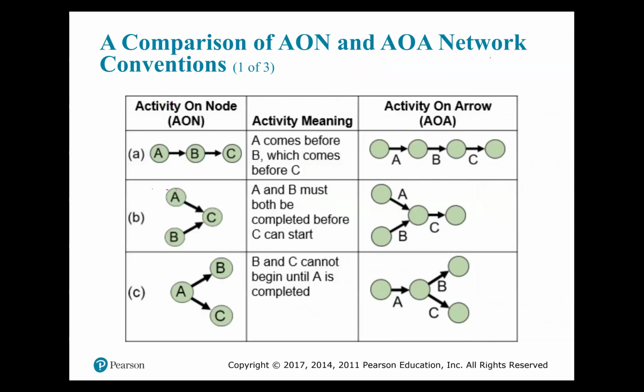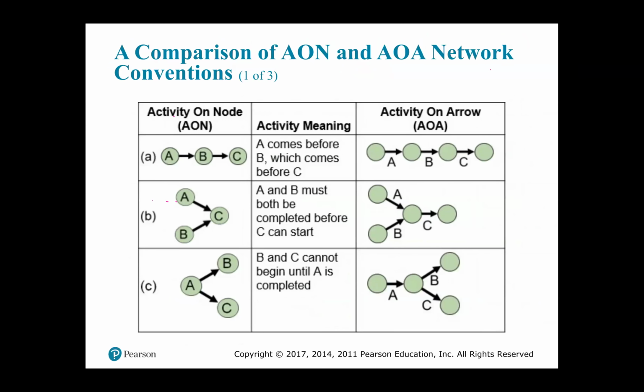Now, when we're going to draw the network for the project, we use nodes. Here the node is something circular. So the project network consists of a series of nodes and arrows. The nodes can also be drawn as a rectangle, or as a square, or sometimes they look long like that.